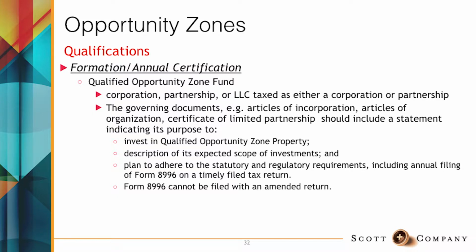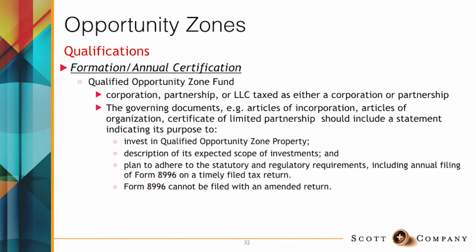Also, the governing documents of the entity, the articles of incorporation, articles of organization, and so on, have to specifically reference that this entity is being set up to invest in opportunity zones and to be a qualified opportunity fund. So here's a list of items. You've got to say this is what I'm going to do. Give a description of the expected scope of investments.